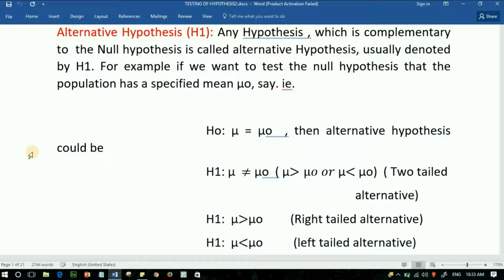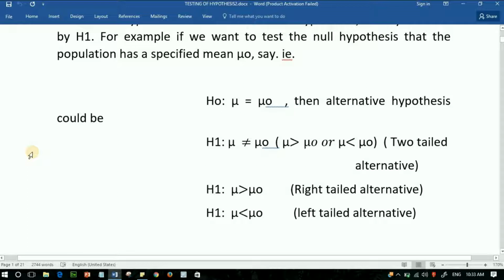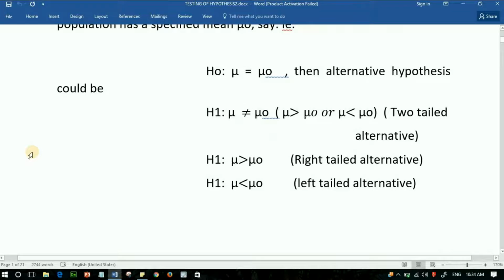We call this a two-tailed alternative. And other alternative hypotheses are H1 such that mu greater than mu0, we call it right-tailed alternative. And third is H1 such that mu less than mu0, it is left-tailed alternative.